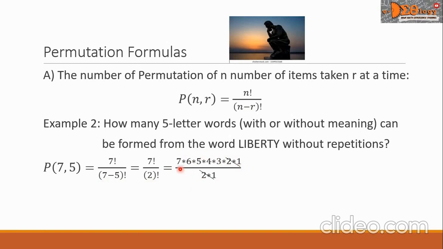So let us multiply 7 times 6 times 5 times 4 times 3, and the product is 2,520. These are the 5-letter words that we can form from the word liberty. This is our final answer.